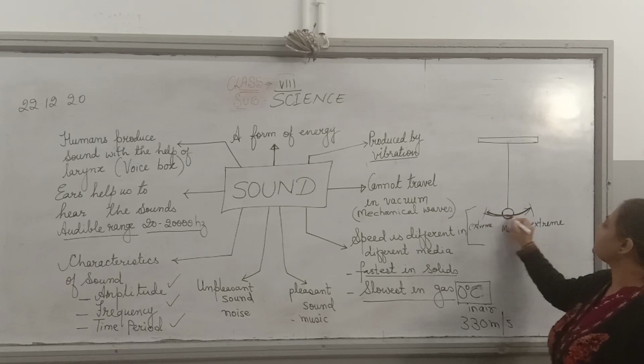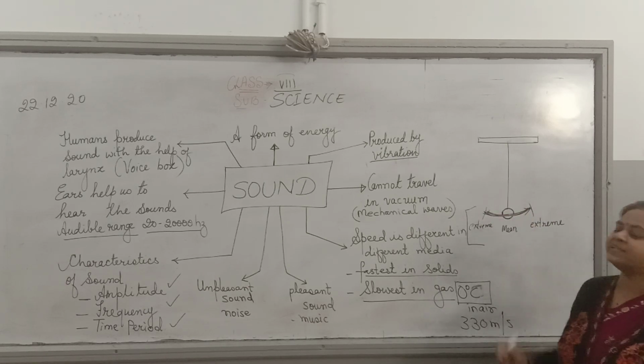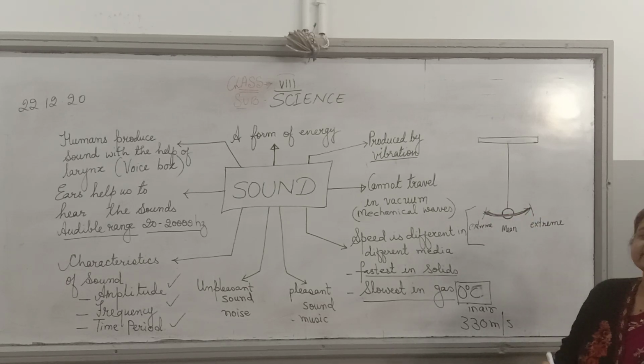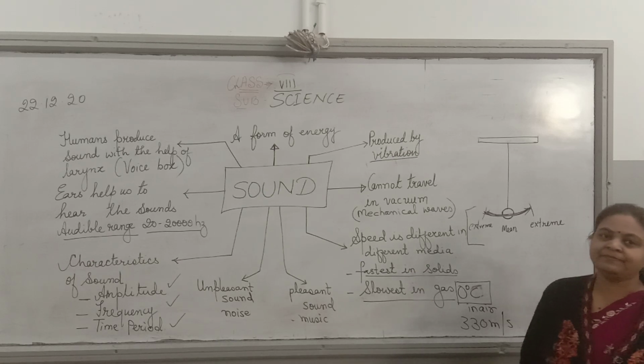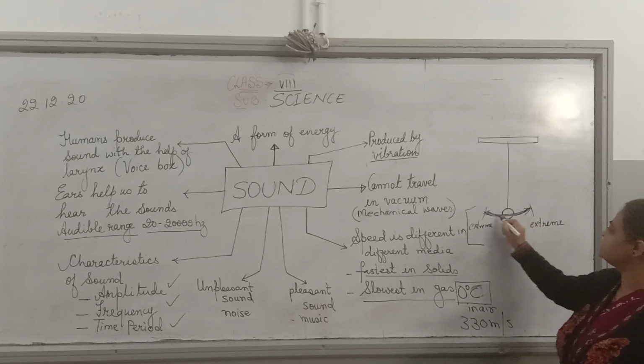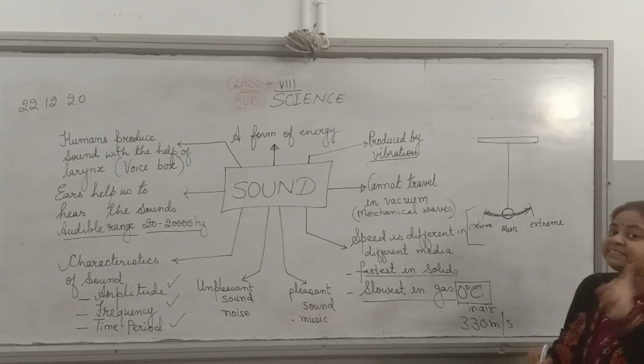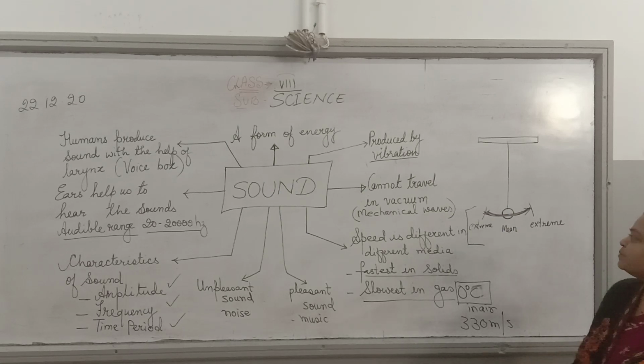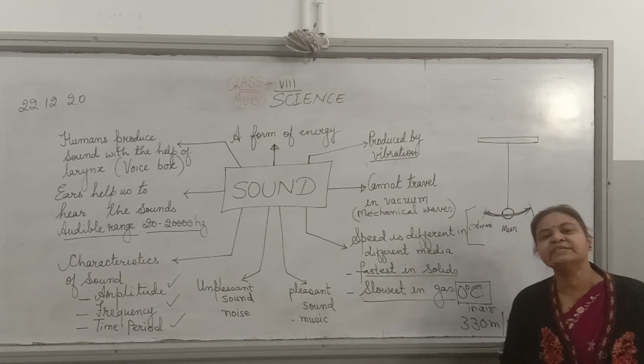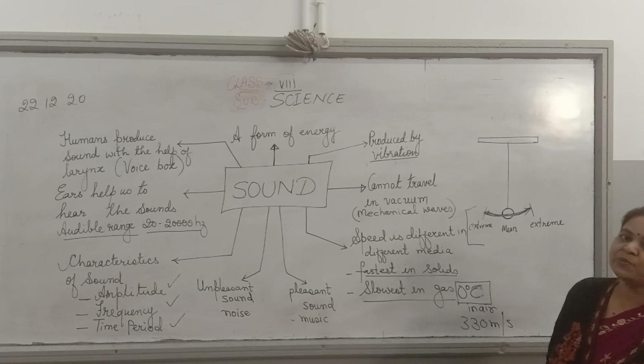Now, how many times this oscillation occurs in 1 second? That is called frequency. Number of oscillations in 1 second is called frequency of the sound.